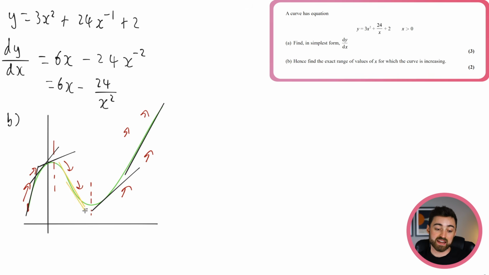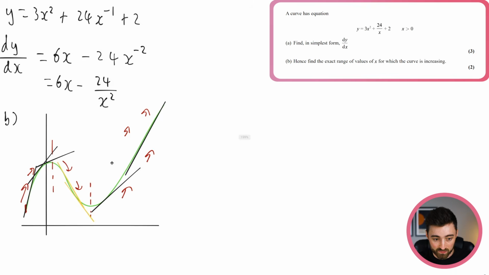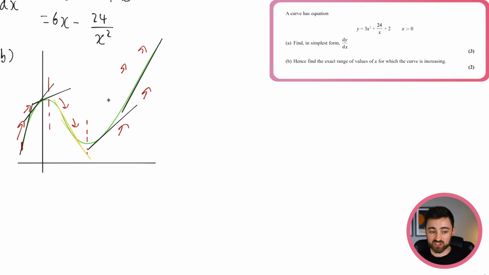It would be a negative gradient. So how do I get the gradient of this curve? Well, I do dy by dx, don't I? So when this curve is increasing, we know that dy by dx must be greater than 0. So to find the x values for which this is the case, all I need to do is set my derivative, which we know to be this here, greater than 0.